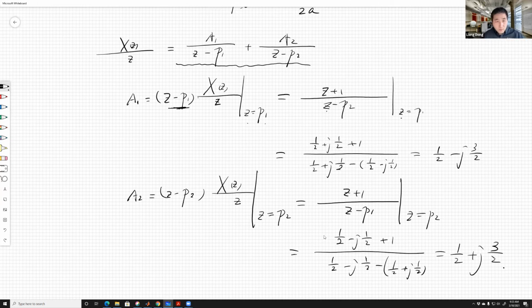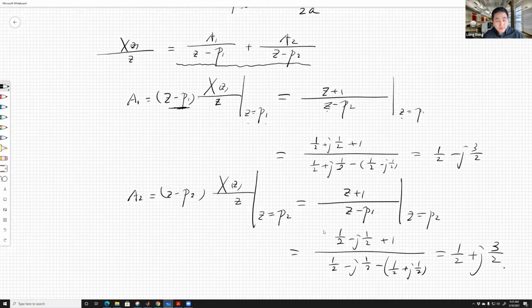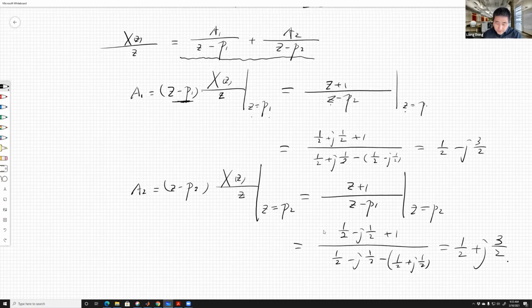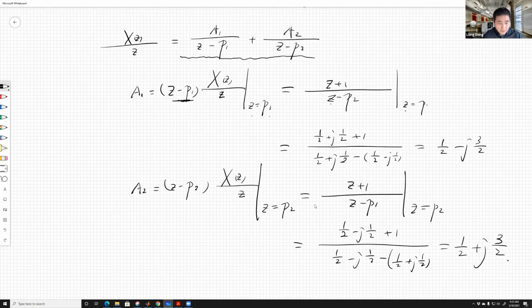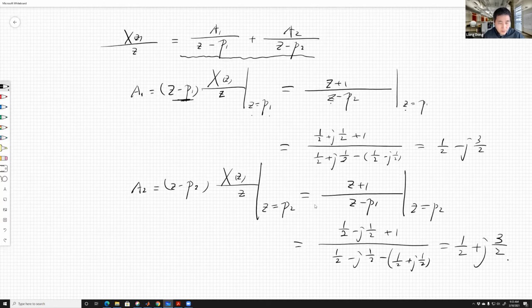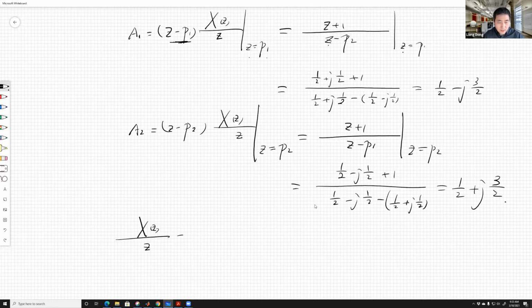Right? Now, once we got that, how do we find the inverse Z transform? Once we got this part, how to find the inverse Z transform? Remember, this is X(z) over z, equal to A1, which I just found, A1 is this number, over z minus p1, plus A2 over z minus p2.